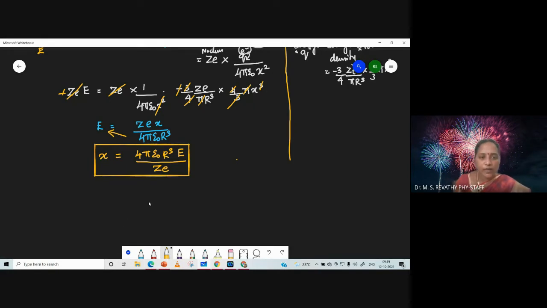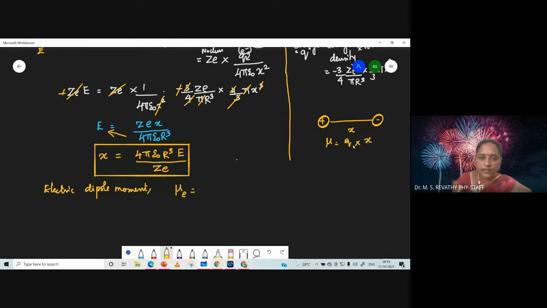I have to calculate the electric dipole moment. The equation for electric dipole moment will be mu E is equal to, you know that what is electric dipole? Two equivalent opposite charges separated by a distance. So which is given by mu is equal to q times x.